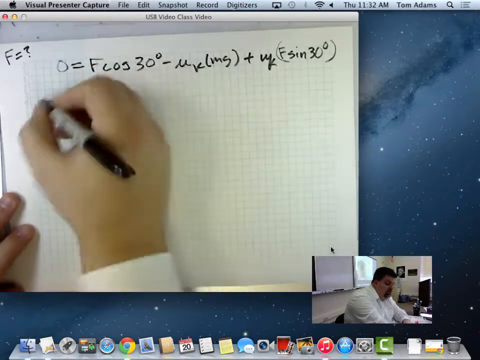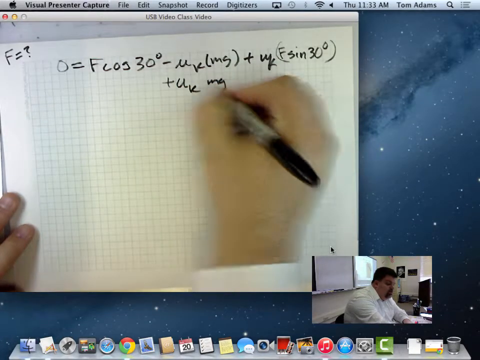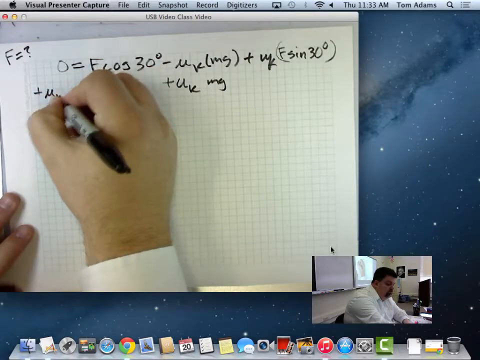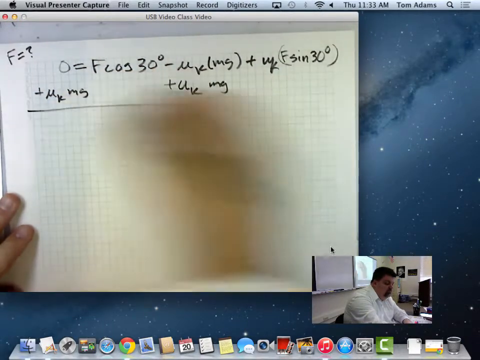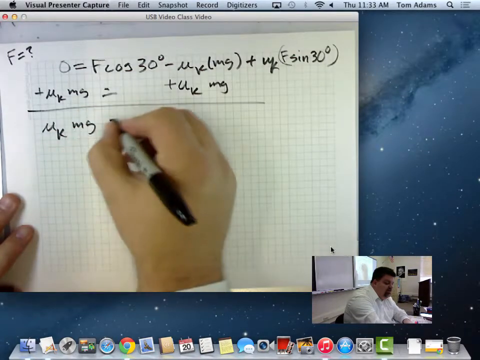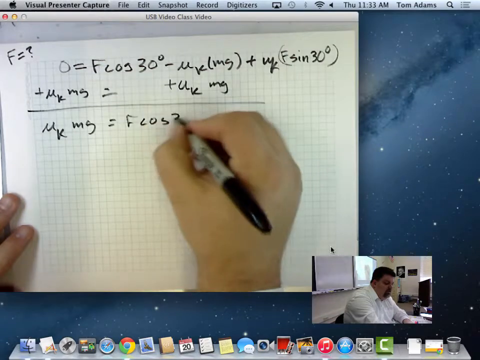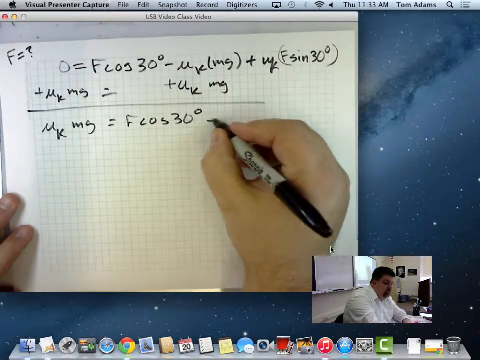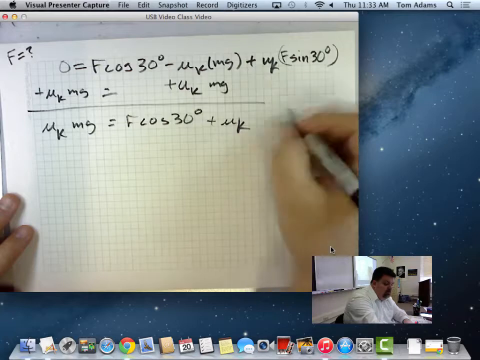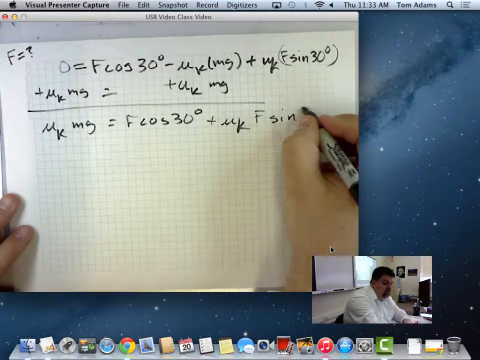So now if I just subtract or add mu k mg to both sides, I get mu k mg is equal to F cosine of 30 plus mu k F sine of 30.